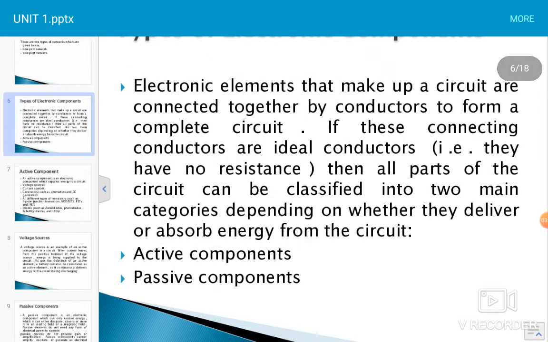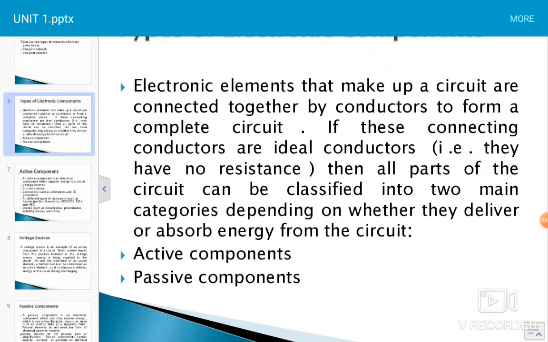Then all parts of the circuit can be classified into two main categories depending on whether they deliver or absorb. These are the two basic points: either the circuit absorbs the energy or delivers the energy.